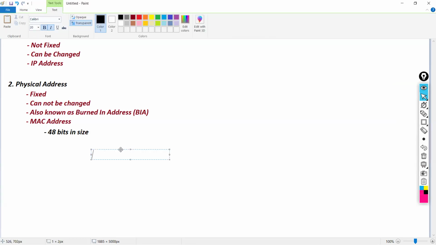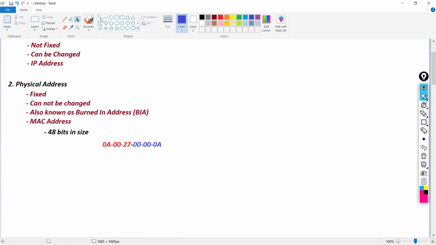So see, this is how your MAC address is written. This MAC address is divided into two parts. The first 24 bits, this is different, and the last 24 bits, this is different.